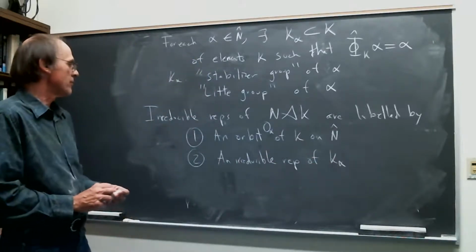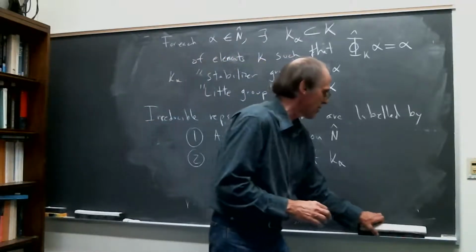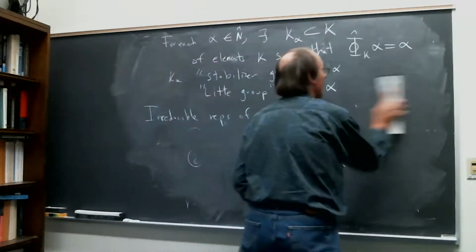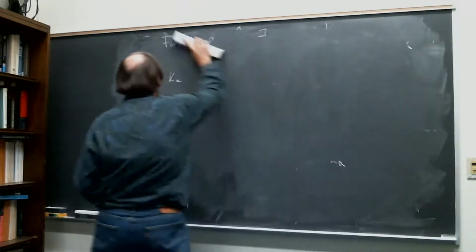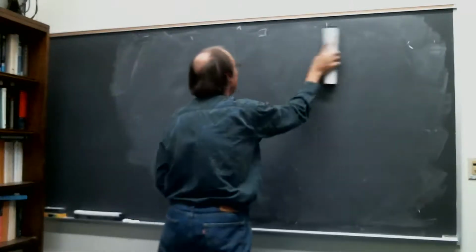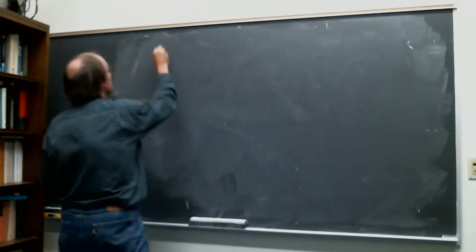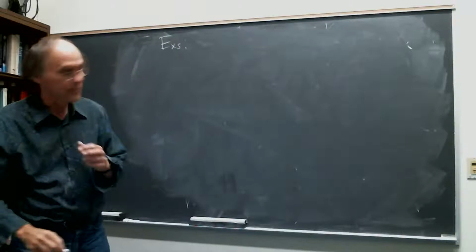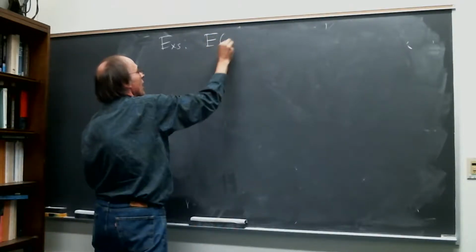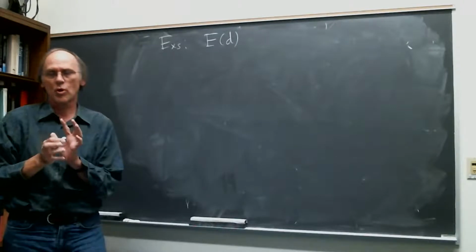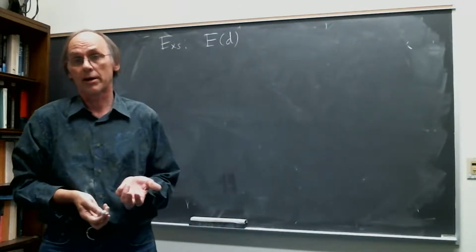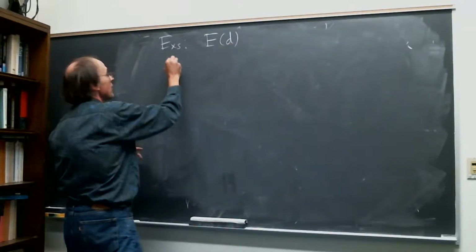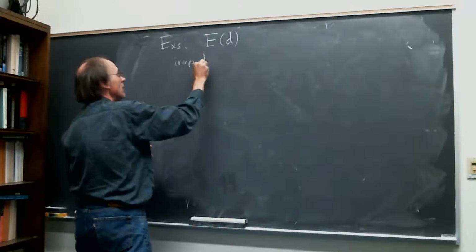Okay, so let me just do a couple quick examples. For instance, if you wanted to go to higher dimension, let's say you wanted to ask what are the representations of the Euclidean group in higher dimensions.